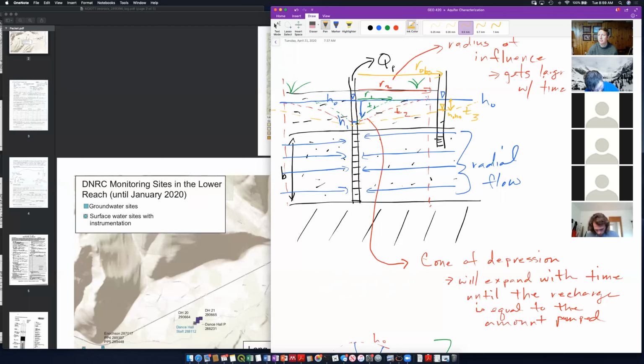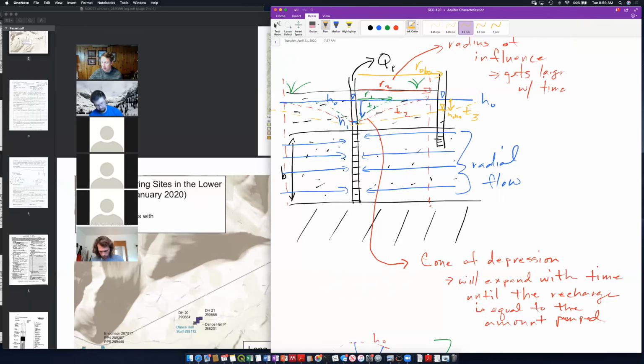All right, we're going to define an important variable for us right now. We're going to define s-bar, which is little s. Little s is the drawdown. What drawdown is equal to is H naught minus H obs.